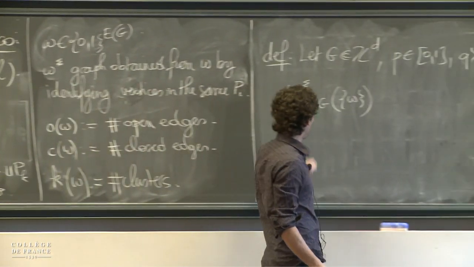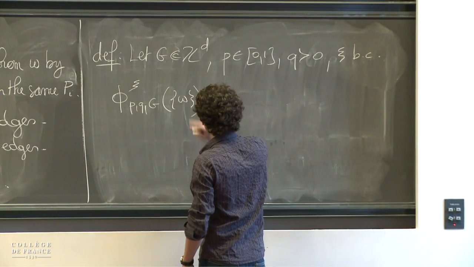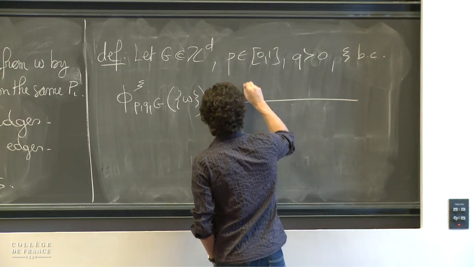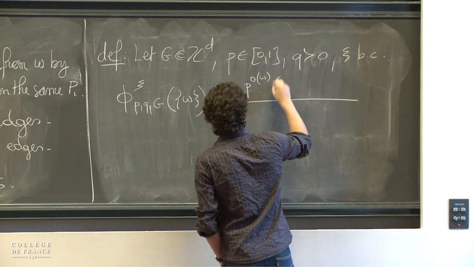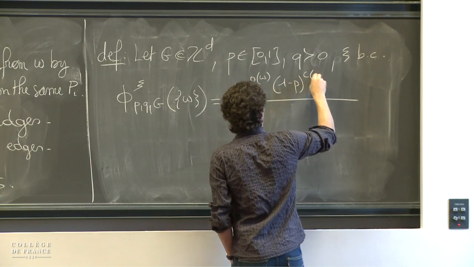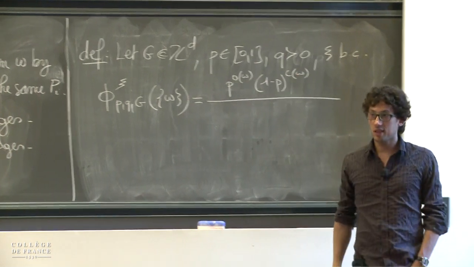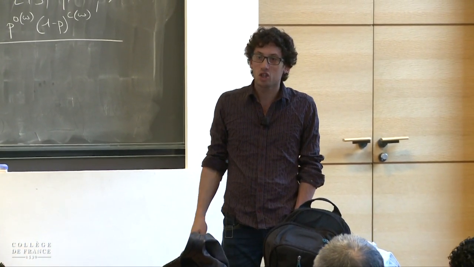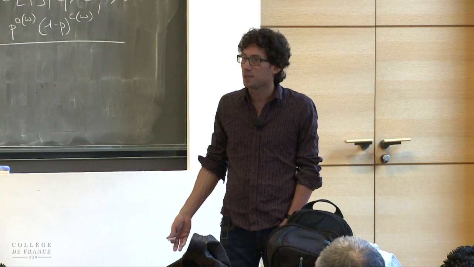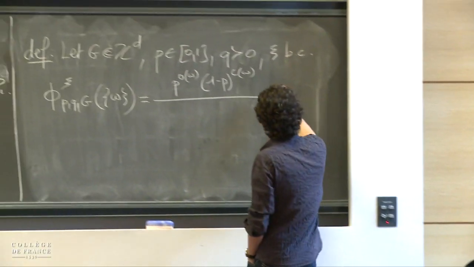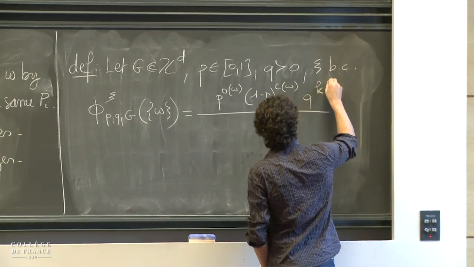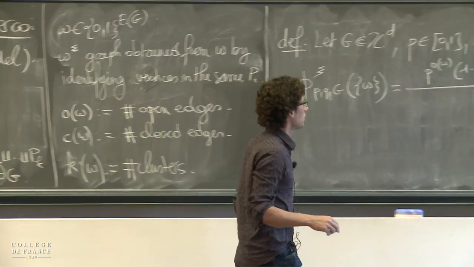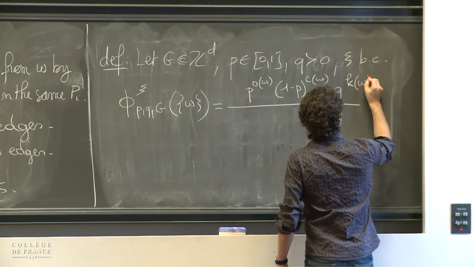The probability of a configuration omega is going to be p to the number of open edges, (1 minus p) to the number of closed edges. Note that if I stop here, what do I get? This is just Bernoulli percolation with parameter p. But I'm adding q to the number of clusters in omega^psi.